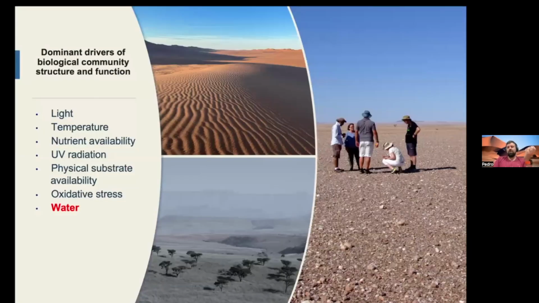I probably don't need to highlight this to you guys, but in these kinds of extreme environments, we have a lot of different environmental factors that drive not only microbial communities, but other fauna and flora to specialize. So we have variations in light, temperature, nutrient availability, UV radiation, etc. Those are very important factors. But the one I'm going to focus on, and I think is more interesting for you guys, is water as a driver in the systems.